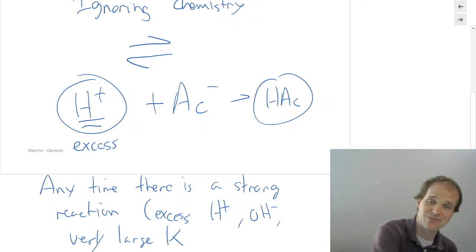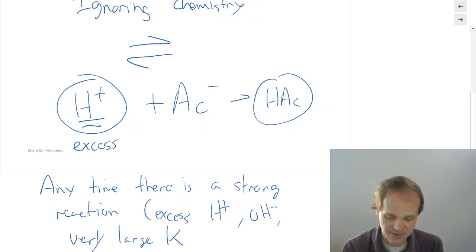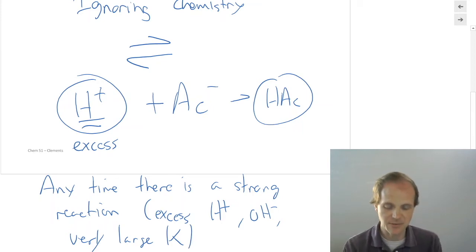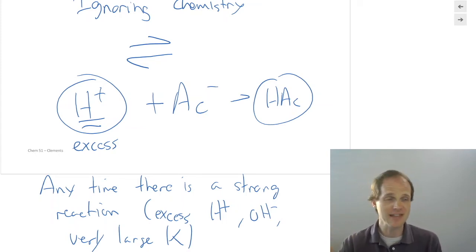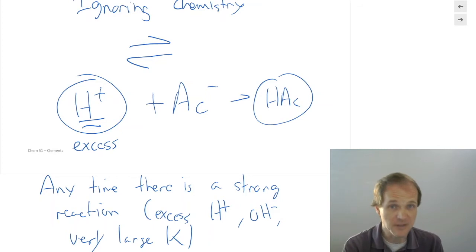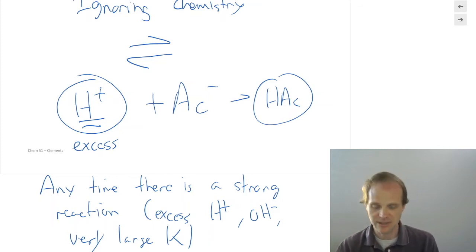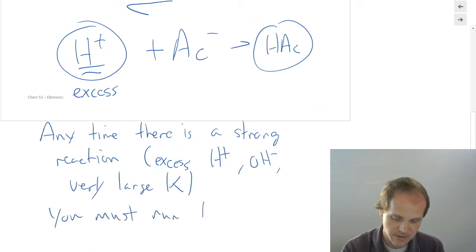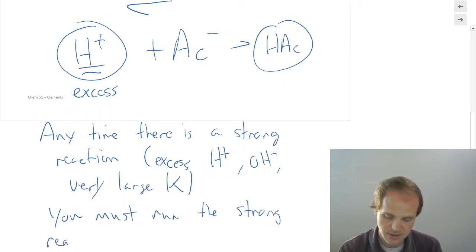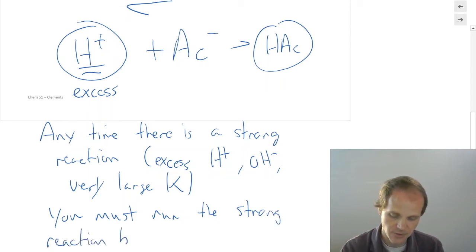Then the K is really going to go, and it's going to react first. We'll see that later on. But for now, we're talking about anytime you've got excess H+ or excess OH-, you have to get rid of that first. You have to run that strong reaction. Get rid of the things that are not equilibrium before you do equilibrium. So you must run the strong reaction before doing equilibrium.